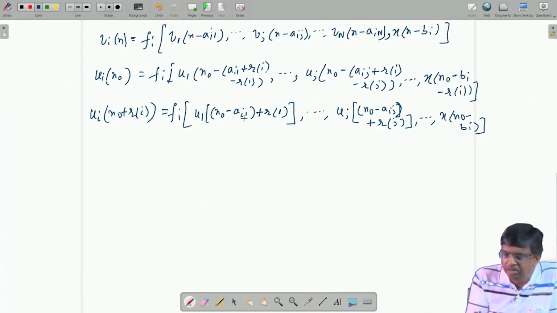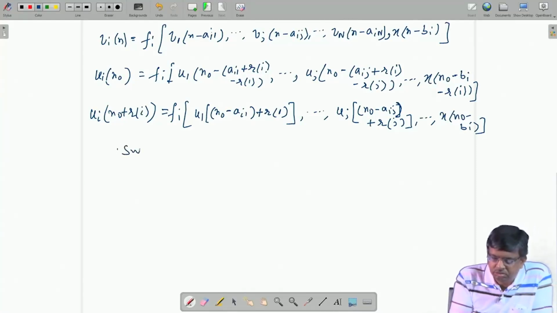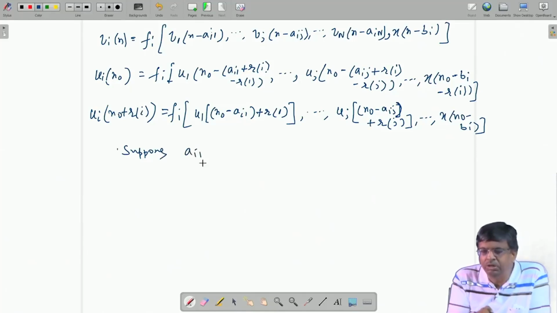Come here, ai1. Suppose ai1, the delay between node 1 to node i, okay, original circuit, original DFG before retiming, there was a single delay only, ai1, in the edge from node 1 to node i. Suppose ai1 is not 0, it is positive.